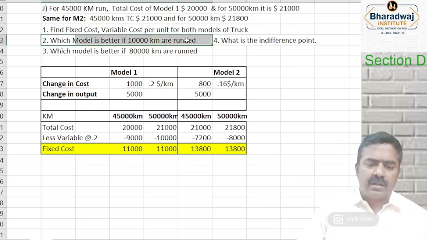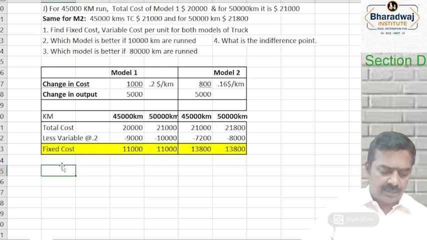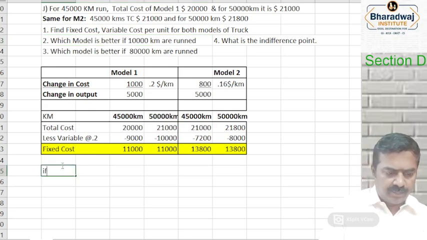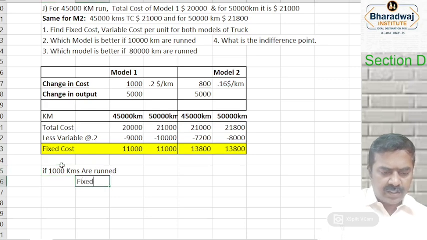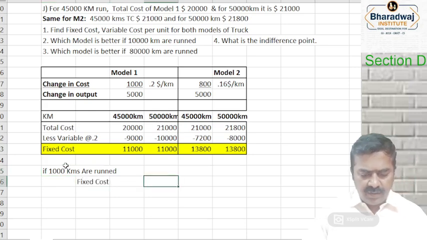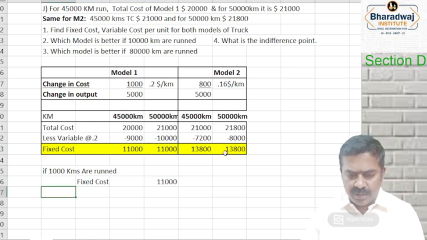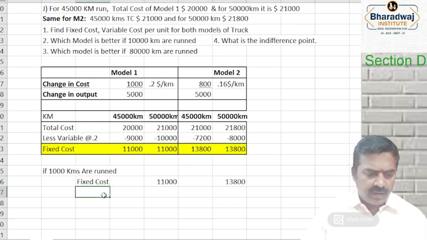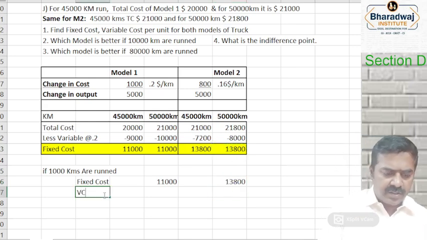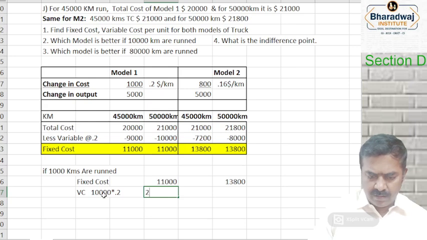Which model is better if 10,000 kilometers are run? Fixed cost will be the same, 11,000. Fixed cost will not change. Variable cost will change. 10,000 into 0.2 here is 2,000.